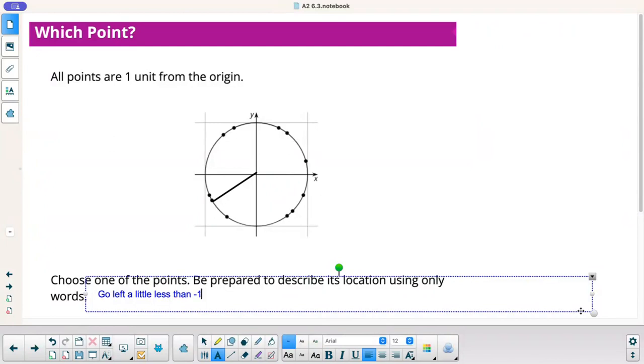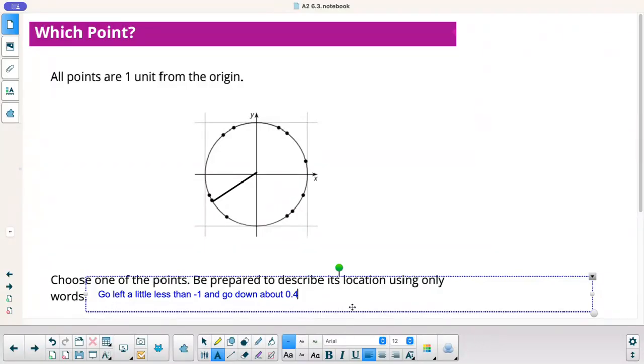So less than -1, okay, and go down a little, let's say about 0.4, okay.